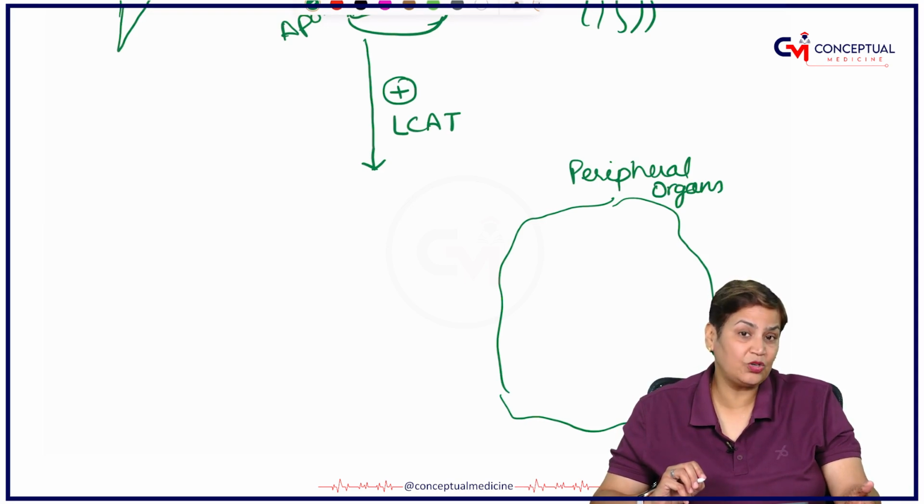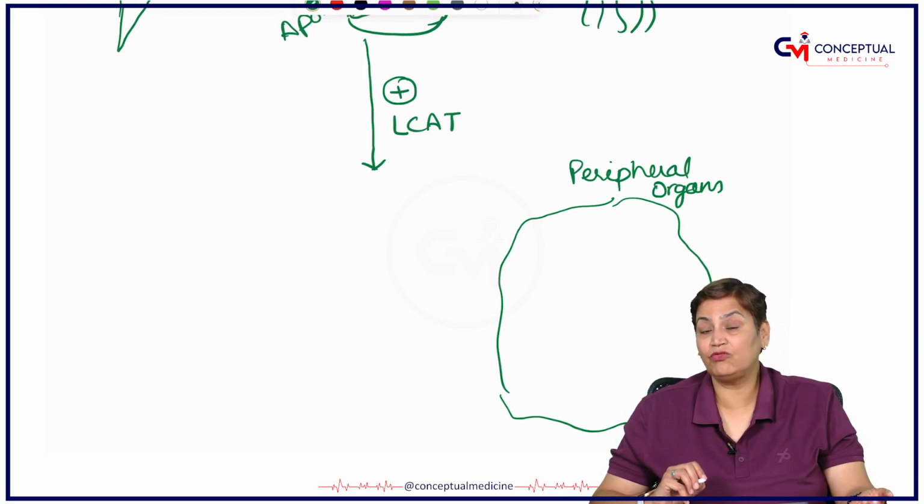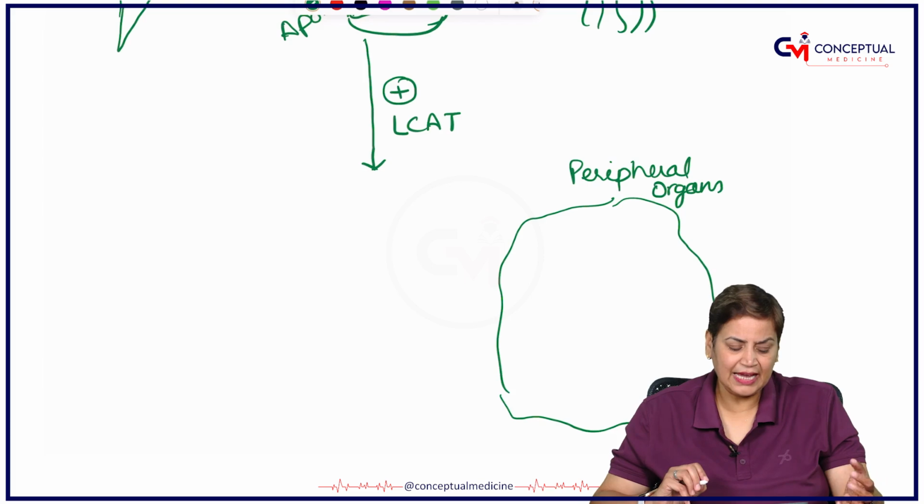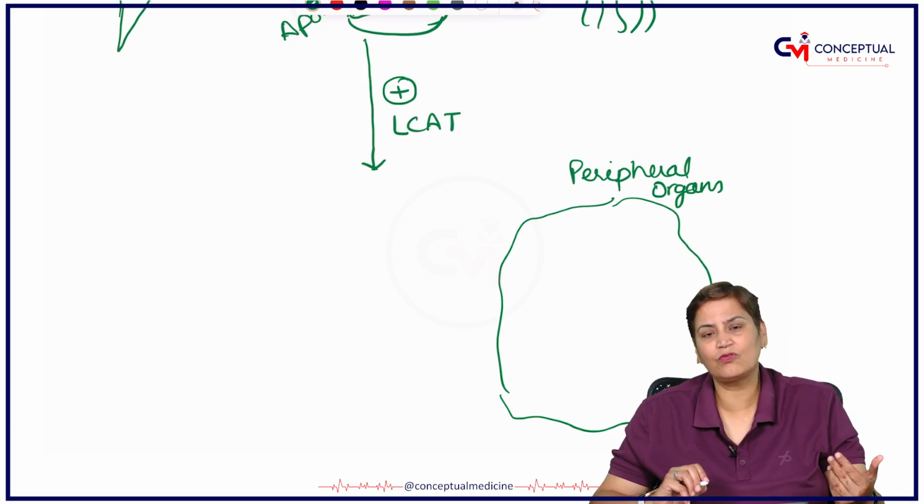HDL is going to transport this cholesterol, it will give this cholesterol to the liver so that the synthesis of bile acids takes place, and there are so many other functions of this cholesterol. So basically HDL is just helping the transport of cholesterol from the extrahepatic tissues to the liver.